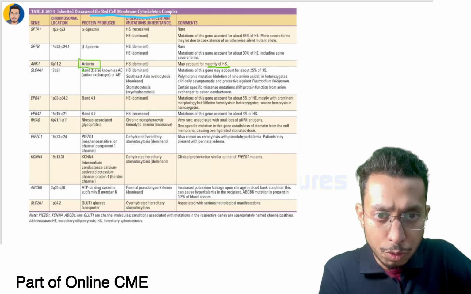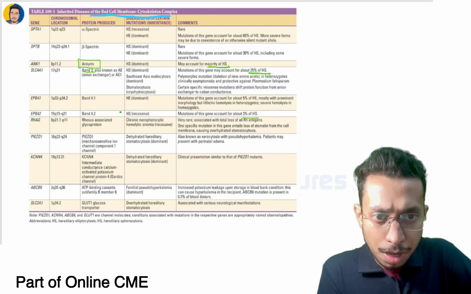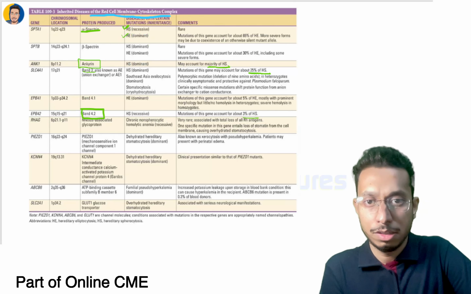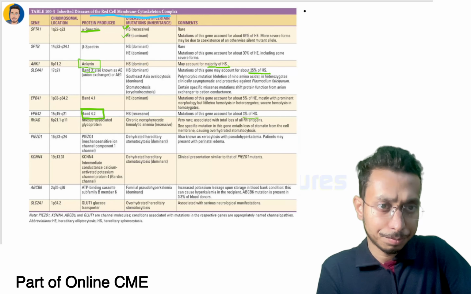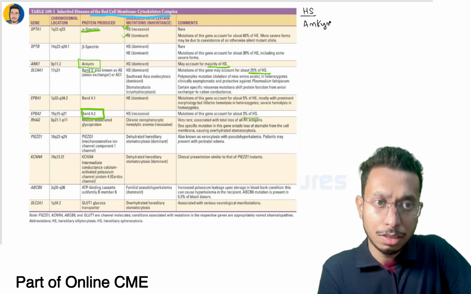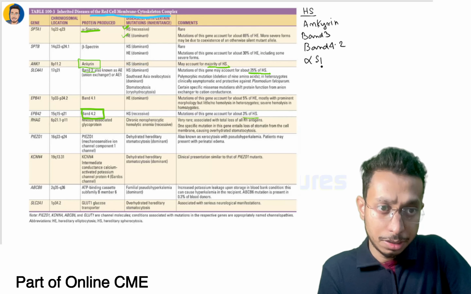Then 25% is due to band 3, followed by 3% by band 4.2, and alpha spectrin here is causing both hereditary spherocytosis and elliptocytosis. So from this table, I can say hereditary spherocytosis can be caused by ankyrin defect, then band 3 defect, band 4.2 defect, and alpha spectrin defect.